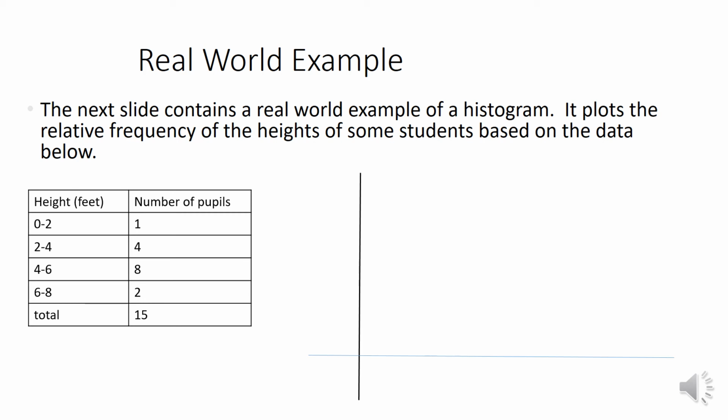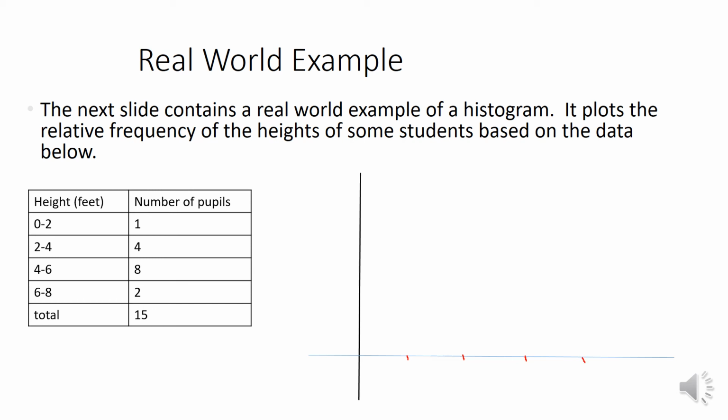The heights of the bars of the histogram are according to the numbers defined in the number of pupils. That means this is my origin 0. Then I'm going to define this as my 2. Then this one is 2 to 4, 4 to 6 and 6 to 8.